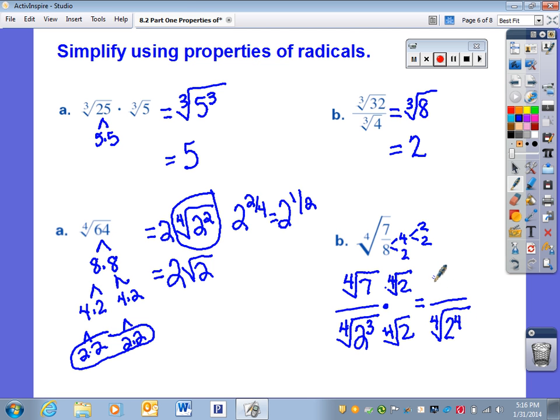In the numerator, I am going to have the 4th root of, and since I have a root of 7 and 2, I can multiply those together to get the 4th root of 14. And when I finish simplifying the numerator as the 4th root of 14, the denominator, we have a 4th root and a power of 4. Those are opposites, so cancel each other, and so we simply have a 2 in the denominator.